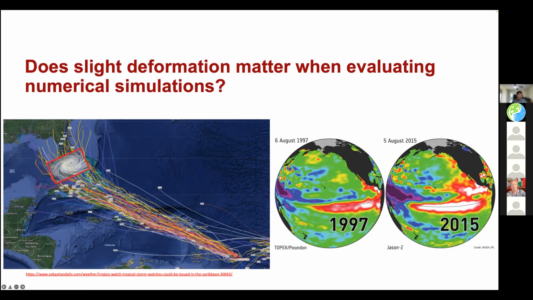And the warm pool is shaped like this in 1997, and in 2015 there exists a warm pool, and no one cares about these slight deformations of the Eastern Pacific warm pool. We all care about the intensity of El Nino.